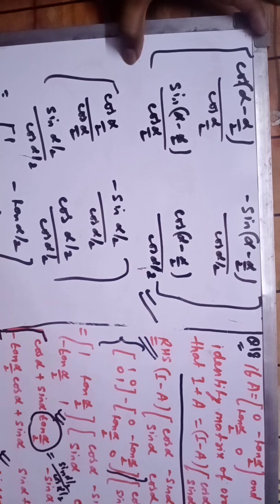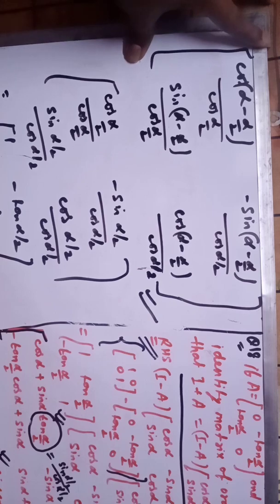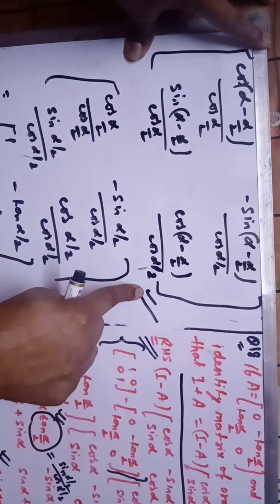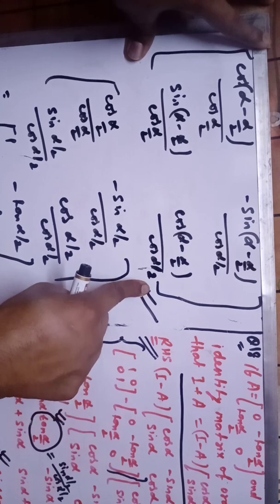If you are getting a problem here, you can first of all write the formulas in front of your notebook. Fine. Of the 11th standard, there are 4 formulas. So after recalling these formulas, you will get how to get this. If you get this equation, you will get this matrix.